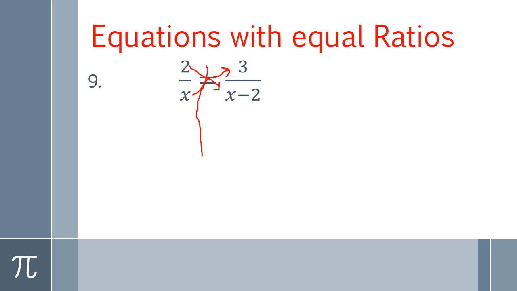So I'm going to end up with one side having 2 times x minus 2 equals to the other multiplication that we have here, which is x times 3, which is 3x.